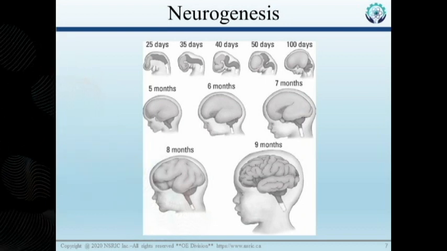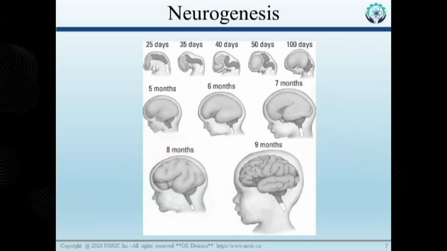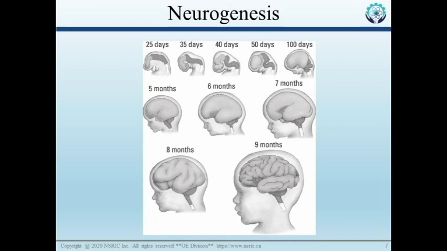But then there are intricate connections and synapses that form. Throughout prenatal development and early childhood, the brain undergoes synaptic pruning, which is basically a process of refining and strengthening the connections. So if an experience is never encountered, then the neurons that would be associated with that experience tend to die off.